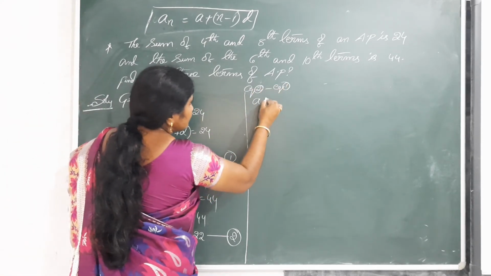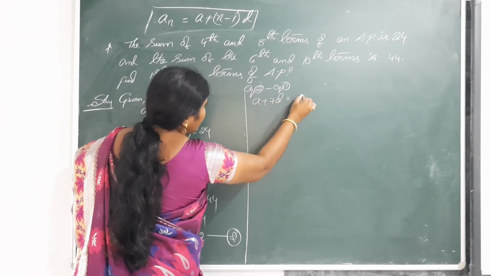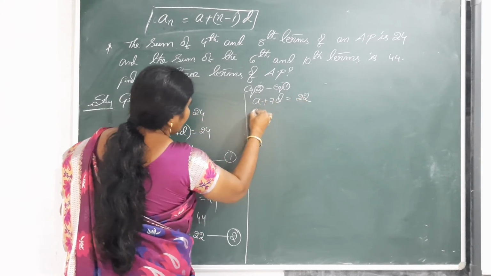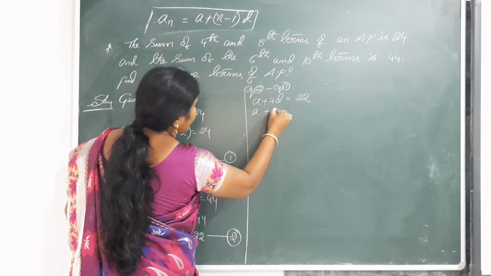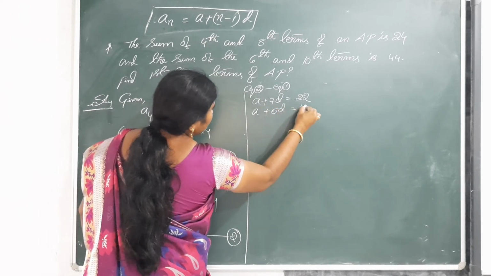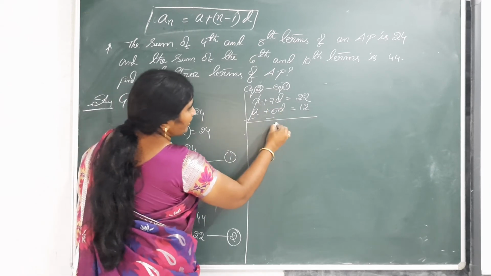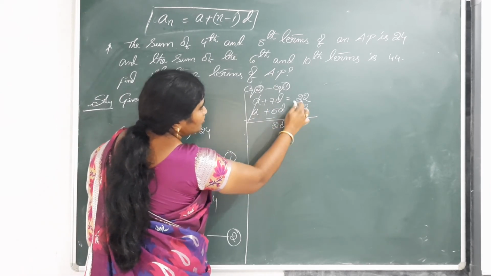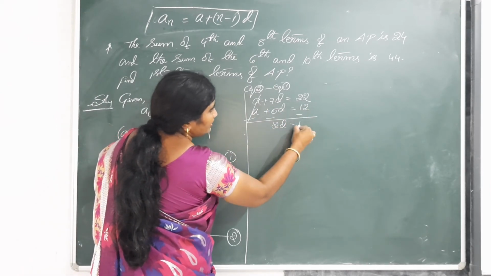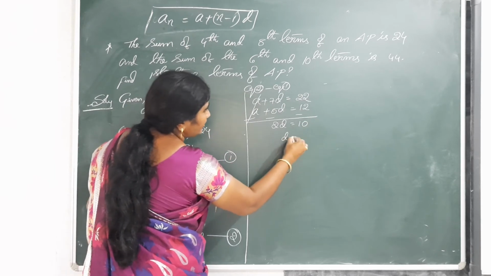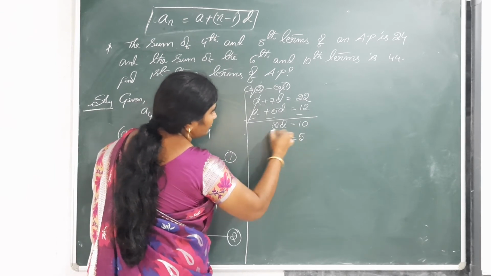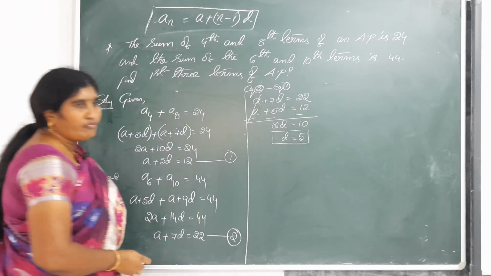A plus 7D equal to 22, A plus 5D equal to 12. A cancels, 7 minus 5 is 2D equal to 22 minus 12, which is 10. Then D equals 10 by 2, so D equal to 5.